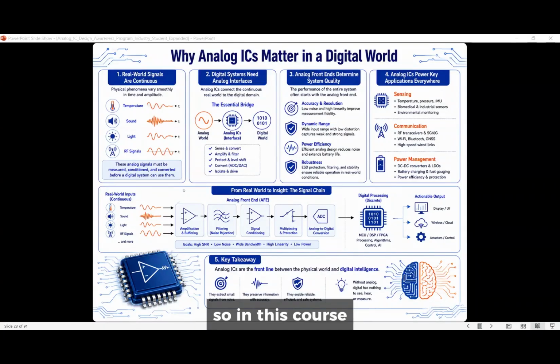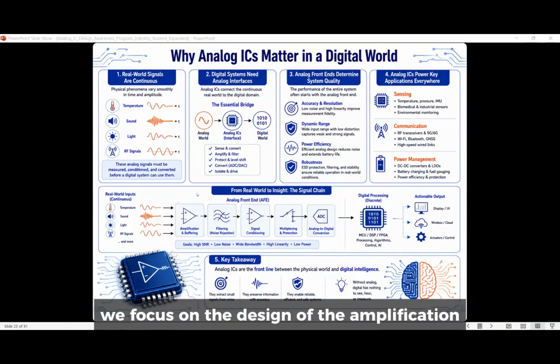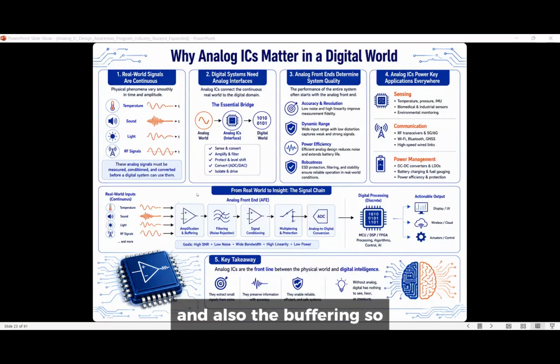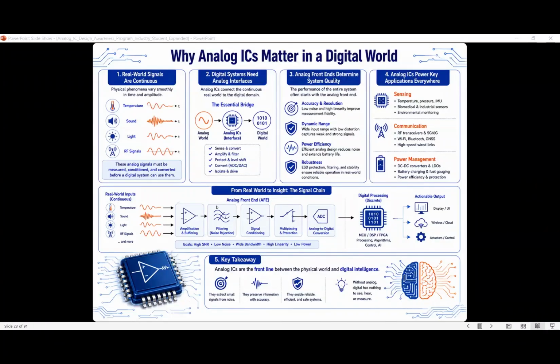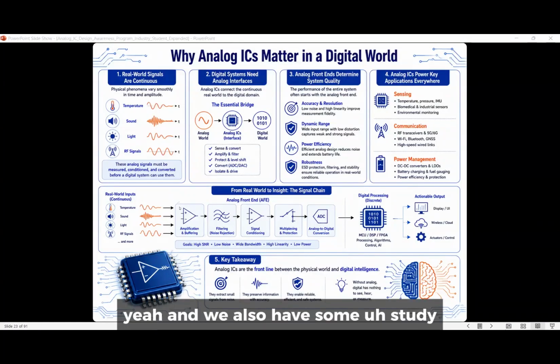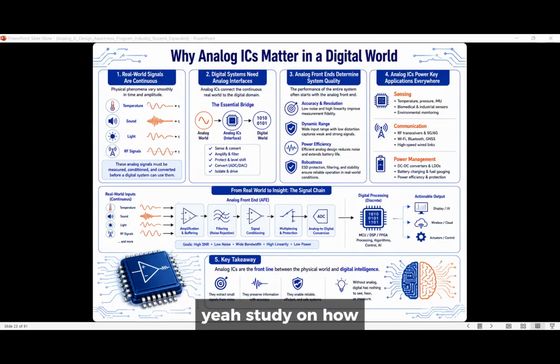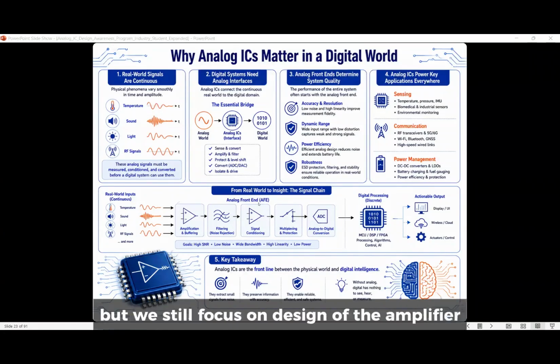In this course, we focus on the design of the amplification and also the buffering. So we'll do lots of analysis on how to design an amplifier. We also have some study on how we can do the filtering, but we still focus on the design of the amplifier.